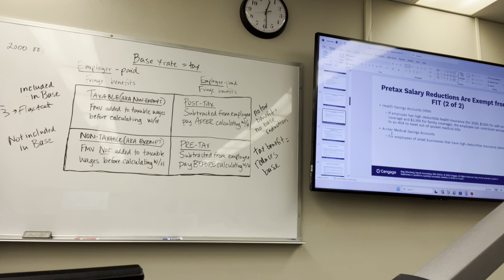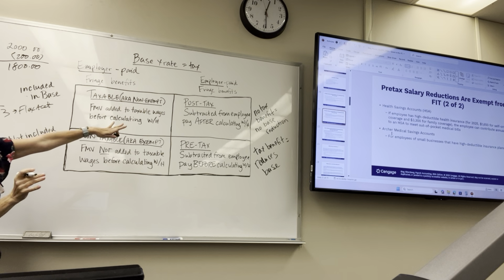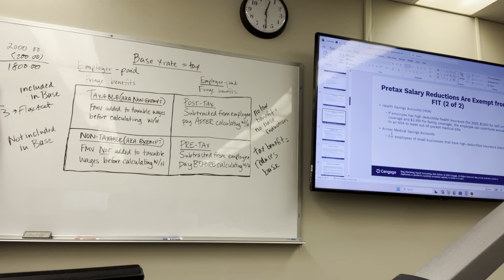We have a federal income tax of $200. So that's after we've calculated what our federal income tax is, $1,800. And then if it's a post-tax deduction, we're going to subtract the benefit at this point, after we've calculated our taxes. And this would also include Social Security and Medicare taxes, by the way.